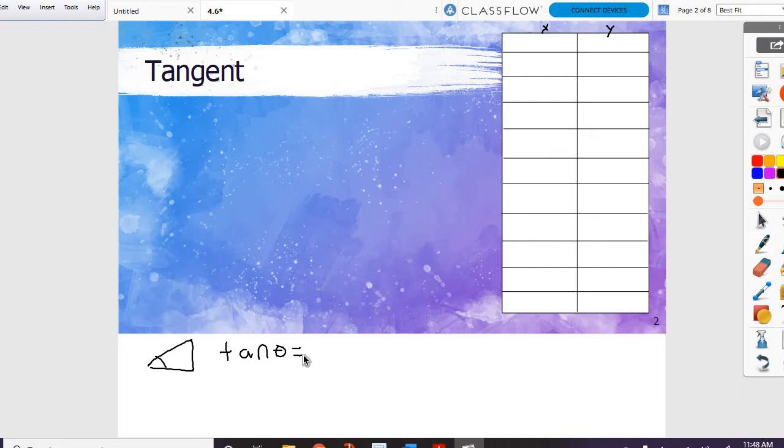So just in general, sine is opposite over hypotenuse, cosine is adjacent over hypotenuse. What is tangent? Opposite over adjacent. So then, particularly when we're looking at our unit circle, our adjacent is going to be x and our opposite is going to be y.